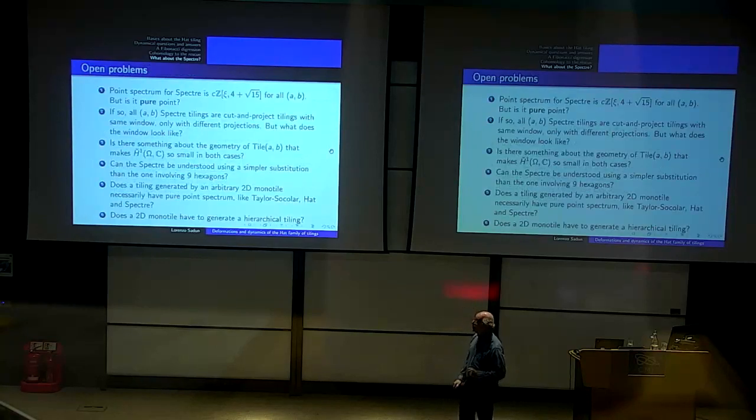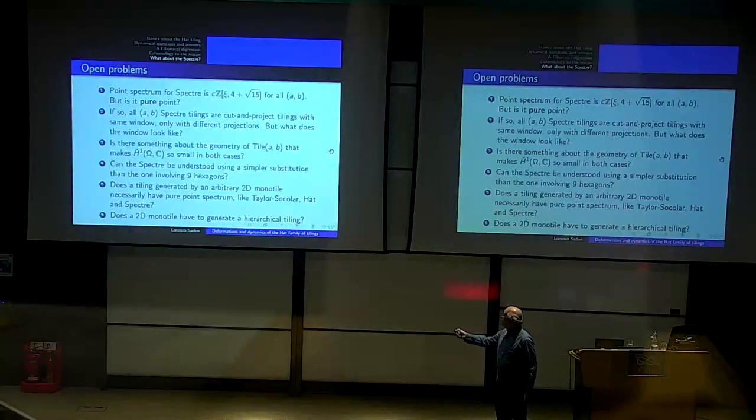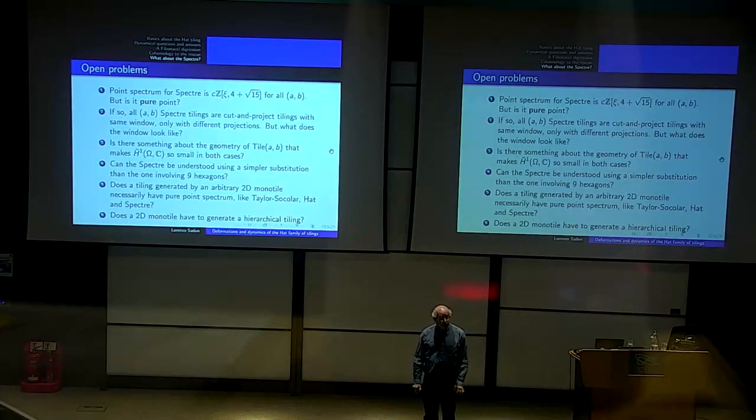But there are a few things that we don't know. We know that the point spectrum is always of the form Z with the 6th root of unity and the stretching factor adjoined. What we don't know is that it's pure point spectrum. We haven't gotten around to doing the overlap algorithm and the mappings and the density arguments and so forth. This is work in progress.